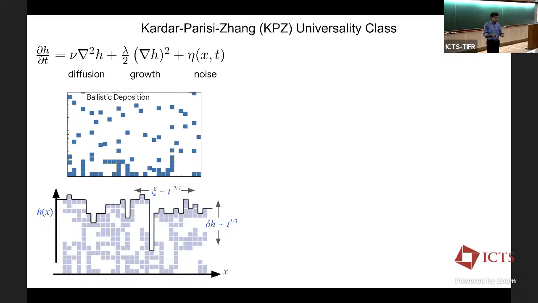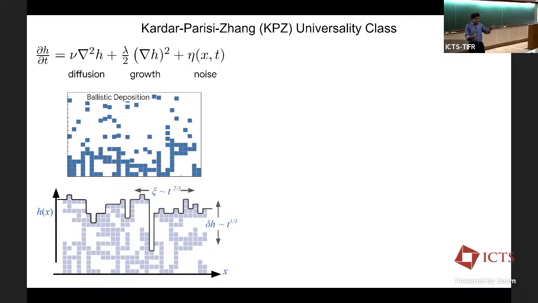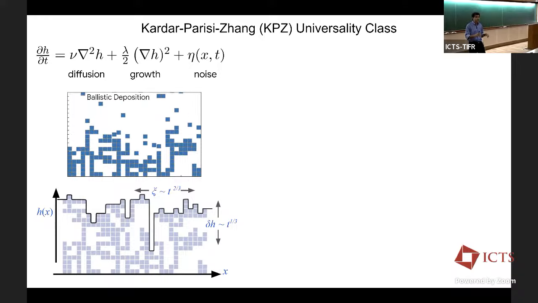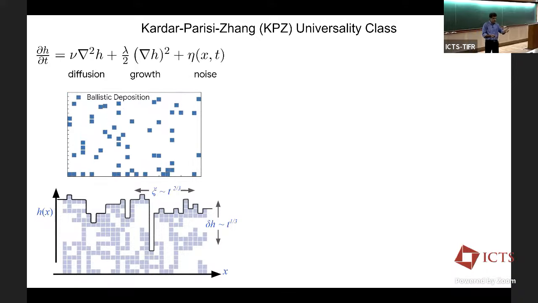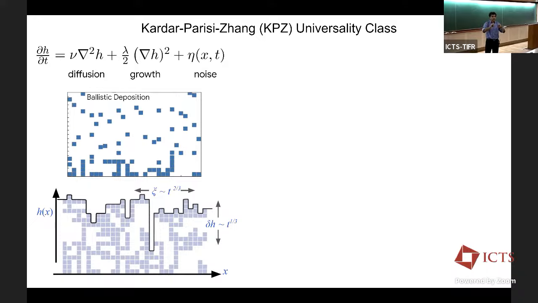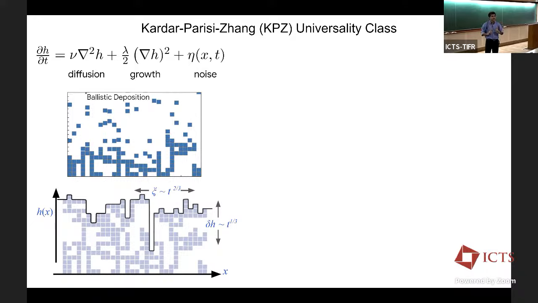But since this lambda is positive, it is a bit difficult to solve. So there is a conjecture, which we are not going to get into, that makes it comfortable to deal with: ballistic deposition says that the universality class you get out of this equation is the same as what you get in this Tetris game. The particles come, and as soon as they see something on the left or the right, they get stuck.